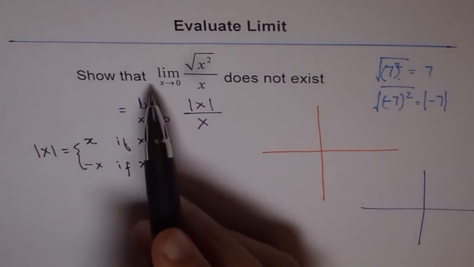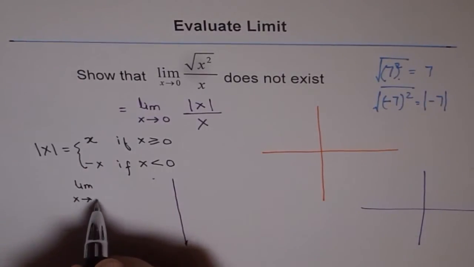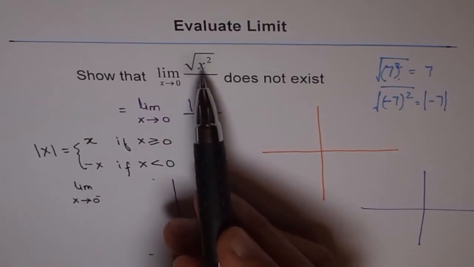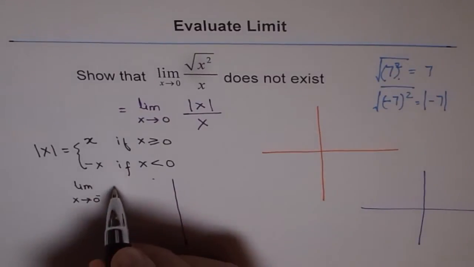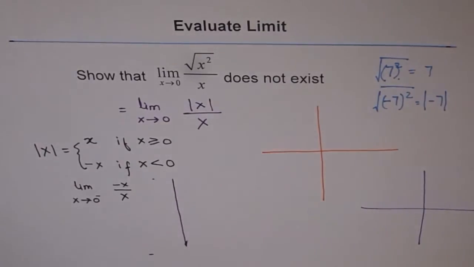The question is, limit x approaches 0. If we are approaching from the negative side, then absolute x will be negative x. It will be negative x over x. Is it okay? The function will reduce to this, which is equal to minus 1.